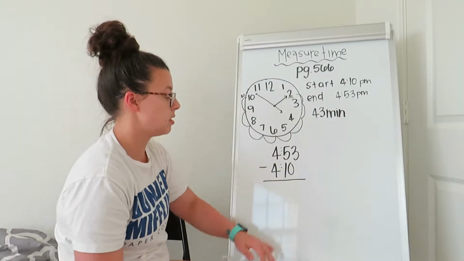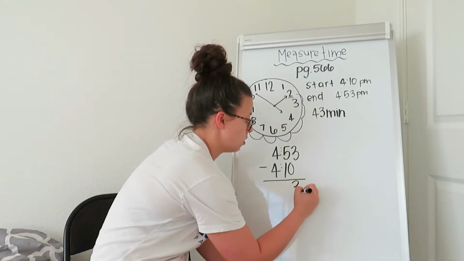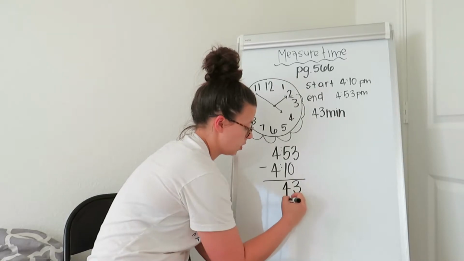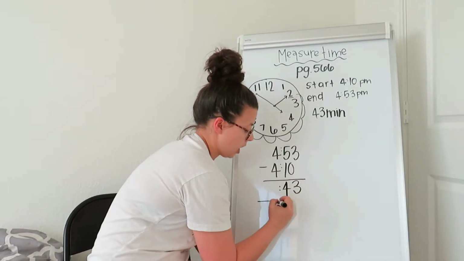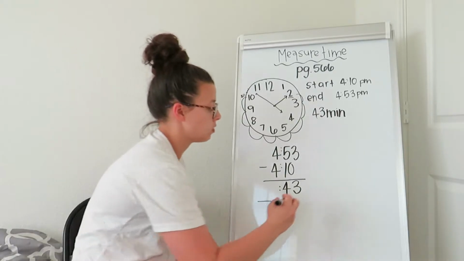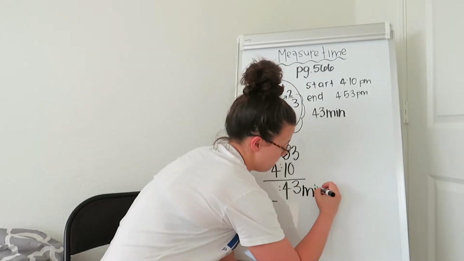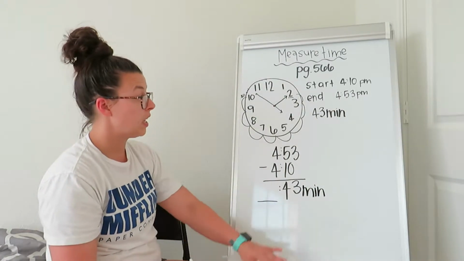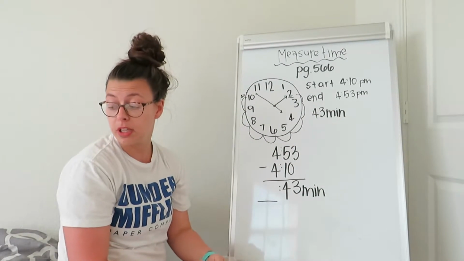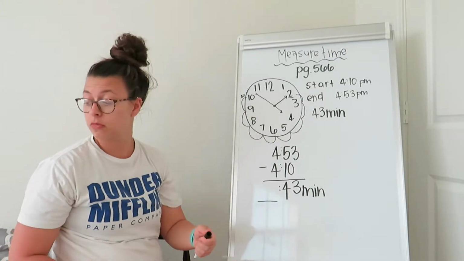Okay, so 3 minus 0 is 3, 5 minus 1 is 4, and there is no hour, so we leave that blank, and so we know since there's no hour, it's 43 minutes. And that actually matches up with our answer, so we're good to go. I'm going to give you a couple minutes to fill that in.